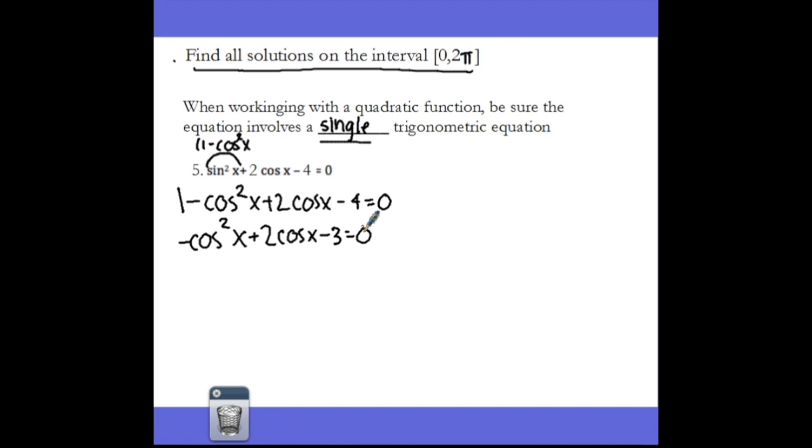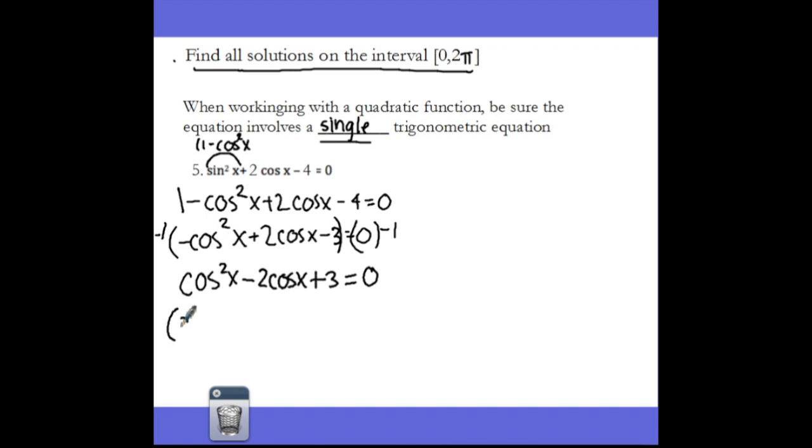But we don't want to have a negative first term. So we're going to multiply both sides of the equation by negative 1 to change the signs. So since that changed the sign and everything, now we have cosine of x squared minus 2 cosine of x plus 3 equals 0, since 0 times negative 1 is still 0.